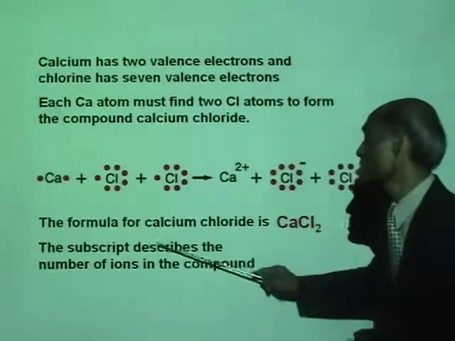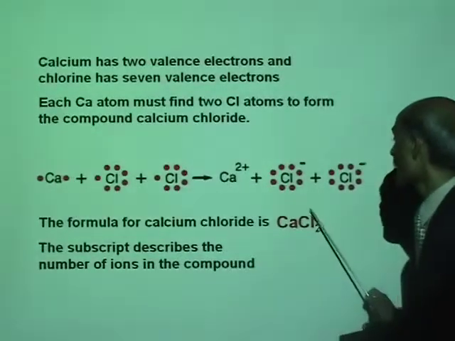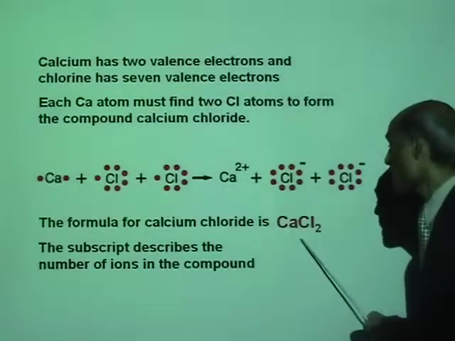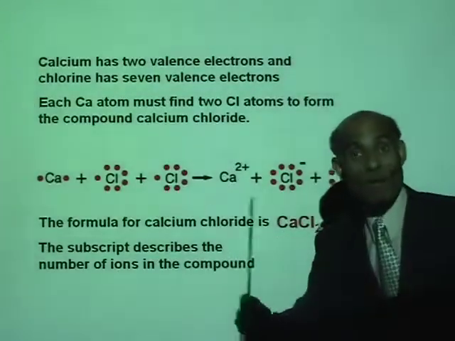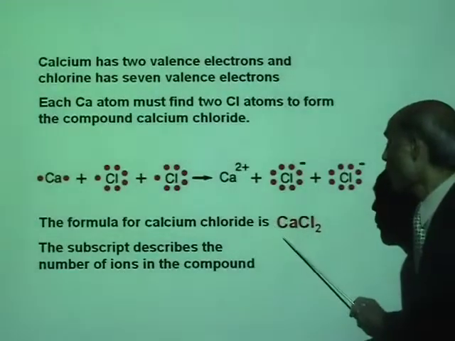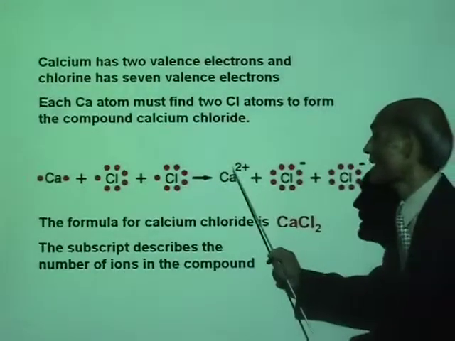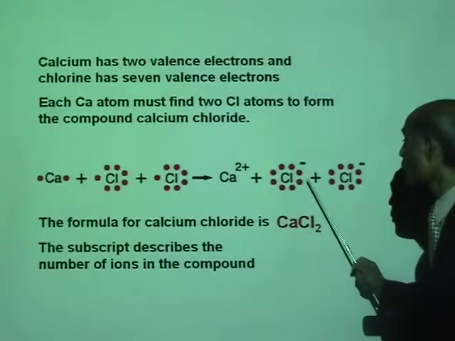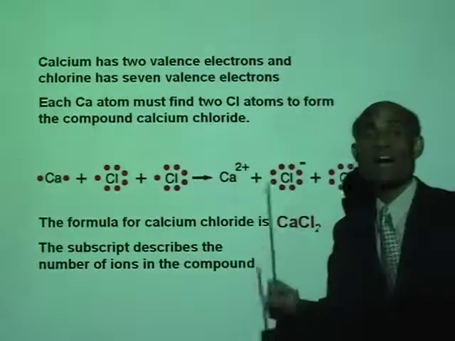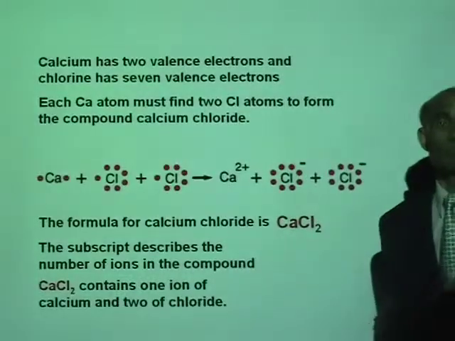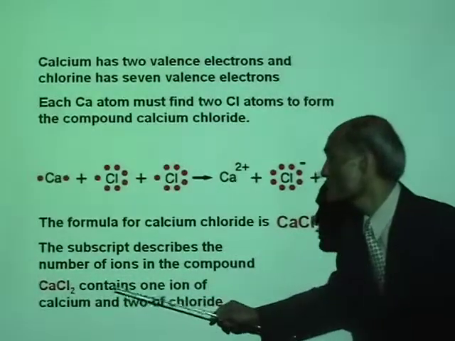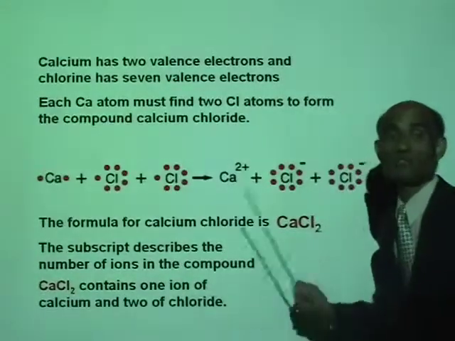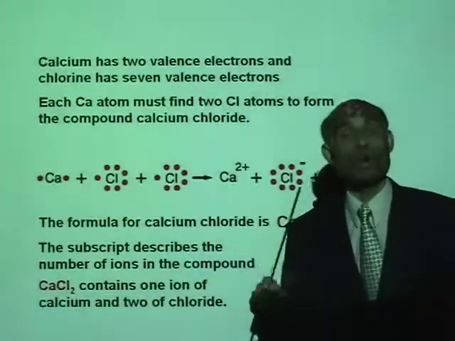So the subscript describes the number of ions in the compound. So this is an ionic compound that contains 1 calcium ion that carries 2 positive charges and 2 chlorine ions, each carrying a negative charge. CaCl2 contains 1 ion of calcium and 2 ions of chlorine.